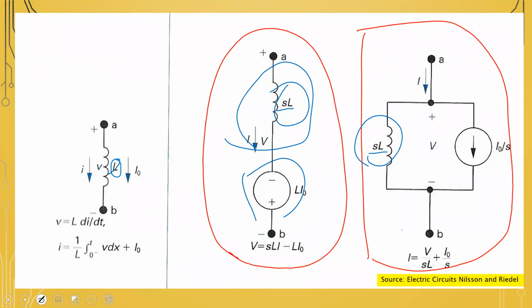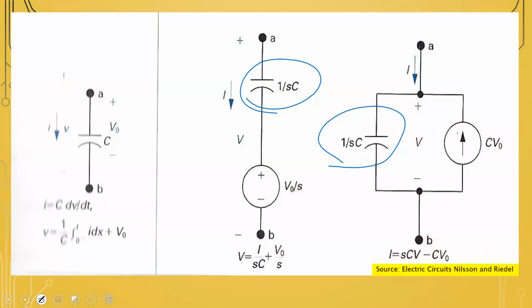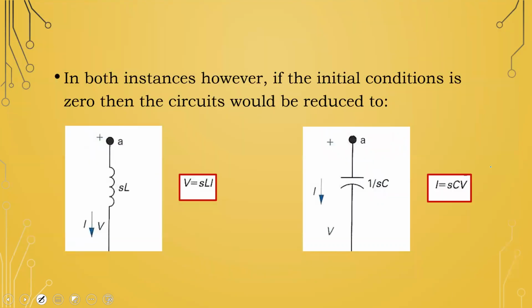Similarly, if I0 is 0, then that is 0, and I am again left with SL. All right? For the capacitor, if the initial voltage is 0, I'm left with 1 over SC. Similarly, if the initial voltage is 0, I'm left with 1 over SC. All right? Which is what we're saying here.